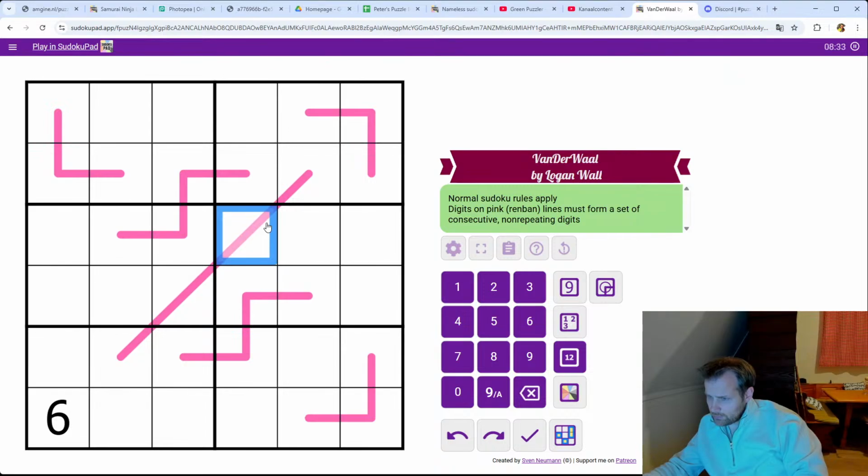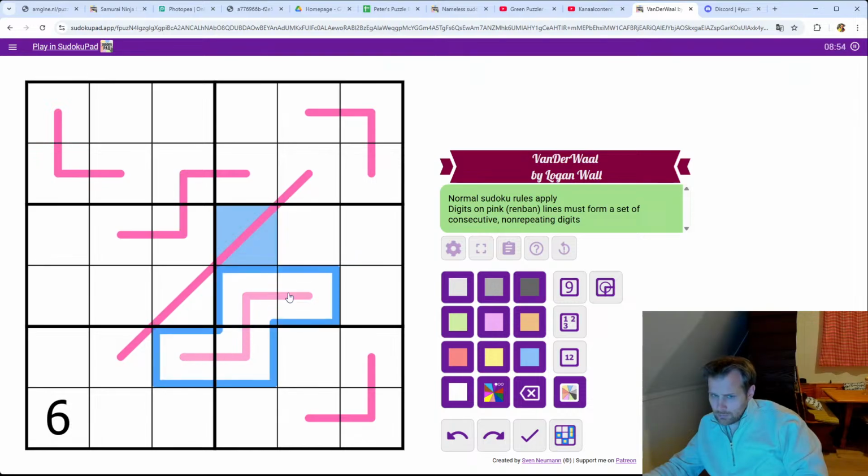The only place for it on the lower 4 cells is row 5, column 3. But the only place for it on the upper stream is row 2, column 3.